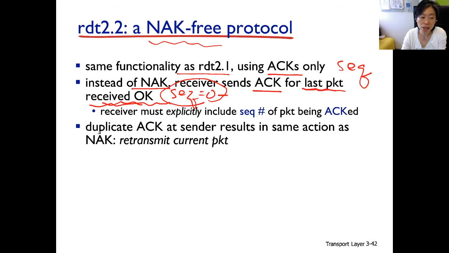Having a duplicate acknowledgement at a particular sequence number indicates the next data packet that the sender just sent out was corrupted. A negative acknowledgement in a way. So receiving a duplicate is essentially signaling the receiver is sending a NAK. So the sender will have to retransmit the packet that's last sent.